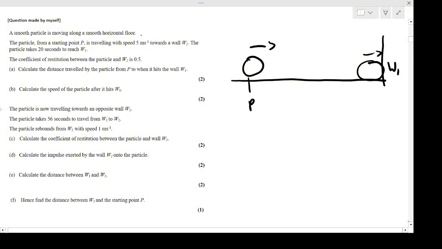I'm told it's travelling with speed 5 towards the wall, so I can label my speed here. Also e is 0.5, so I'll make a note of that. Now, the first part of the question wants me to calculate the distance from P to the wall.